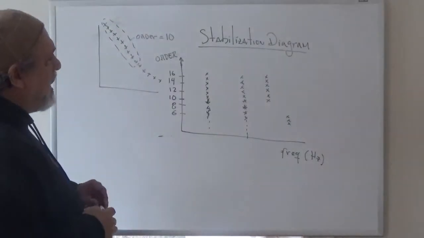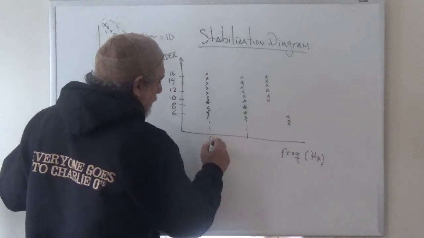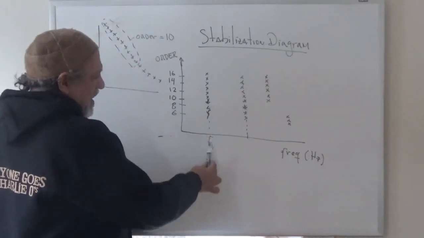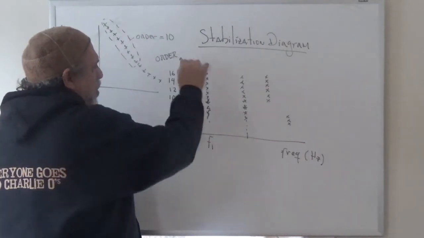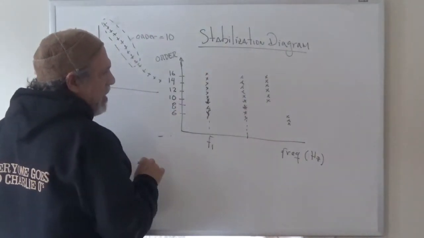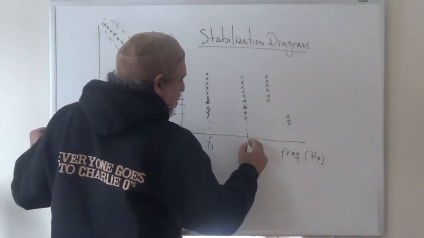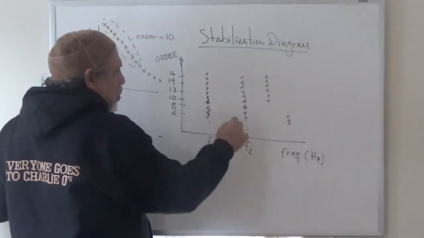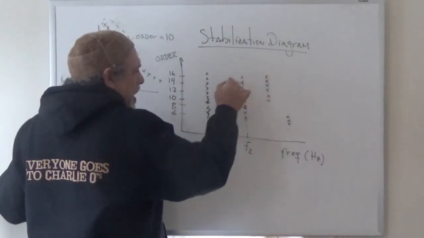So this would be a stabilization diagram that tells us what? That frequency 1, this value, is pretty stable, right? Because no matter what the order we choose, we always find it, and we always find it more or less at the same value, right? Could be a little bit of difference, but not much. Frequency 2, you know, you need at least this order, but once you find it, it's kind of stable also, right?